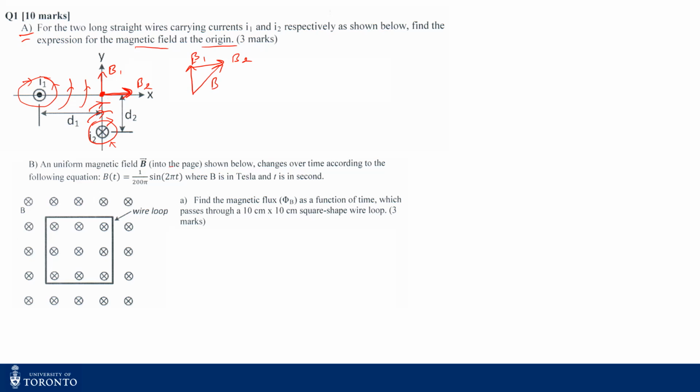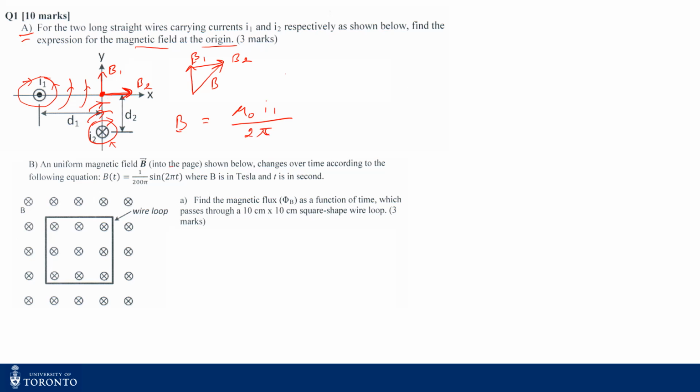So that's my B. In the expression of the magnetic field B, I would have a contribution from both I1 and I2. And since this is a line current, the expression is just mu naught I by 2 pi r. For I1, the contribution is B1 in the positive y-axis direction, which is mu naught I1 divided by 2 pi r.